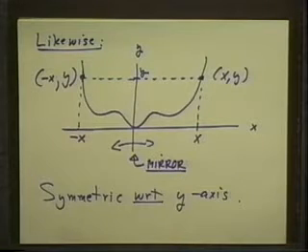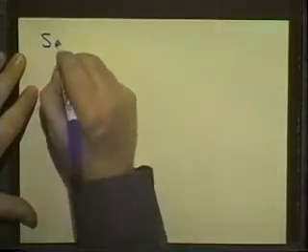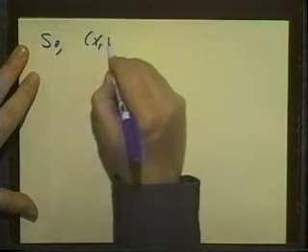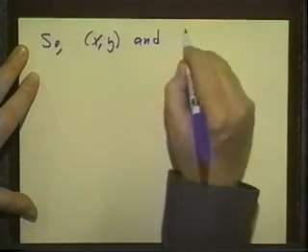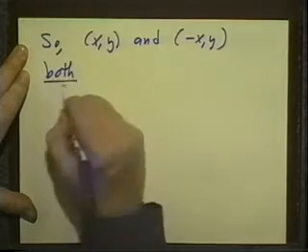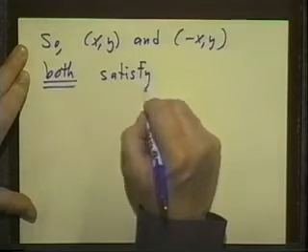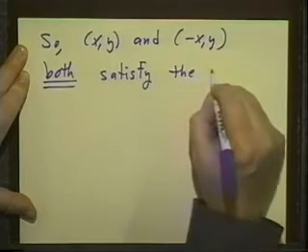And to give you an example, well, first of all, I'll go ahead and outline the same procedure as before. So you'll have this down. x, y and minus x, y, both points satisfy the equation.